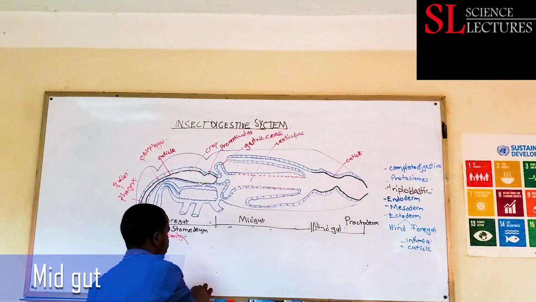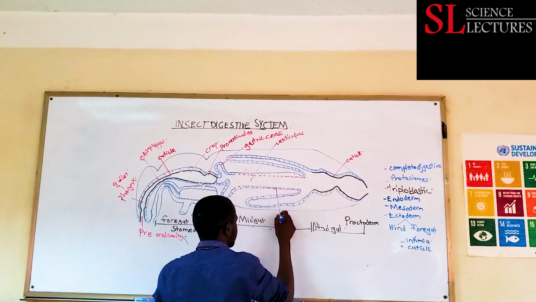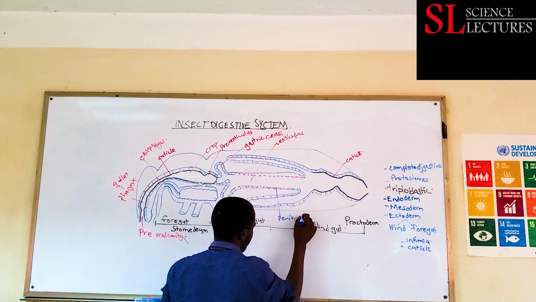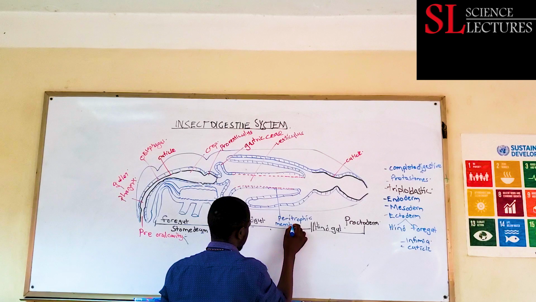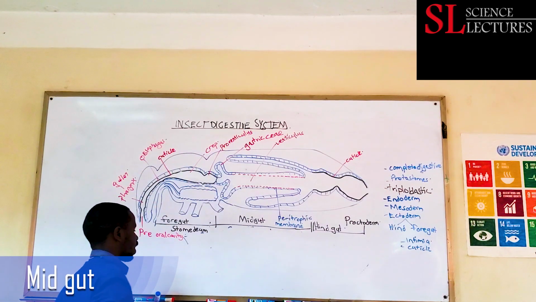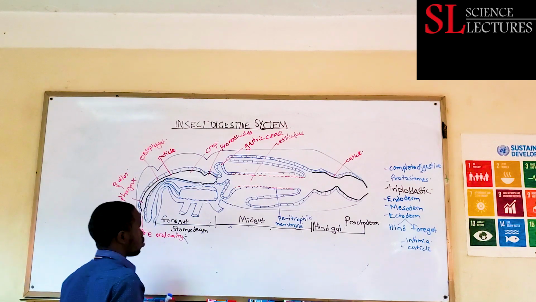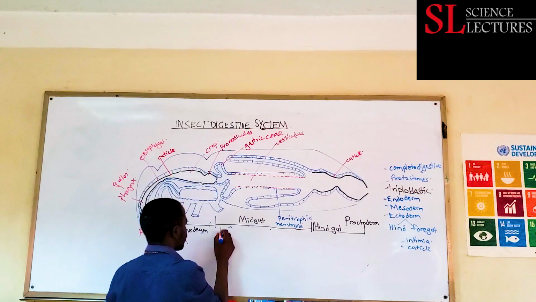Then its inner lining, since it has no cuticle, is surrounded by the peritrophic membrane. So those are the parts that make up the mid-gut. I want us to look at each of these and their roles. Let's begin with the peritrophic membrane.